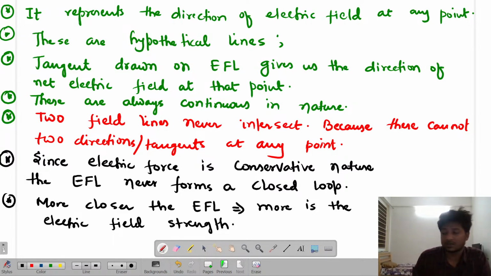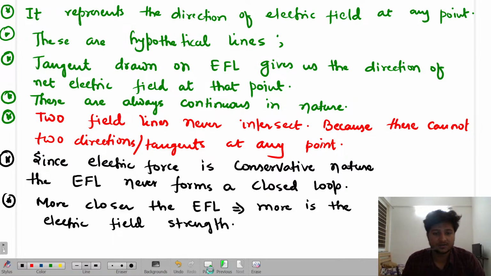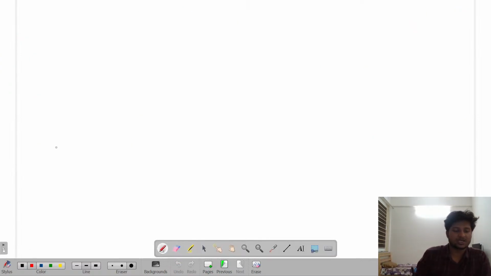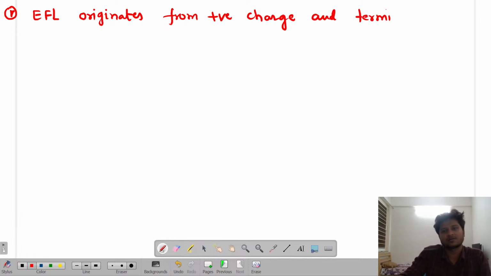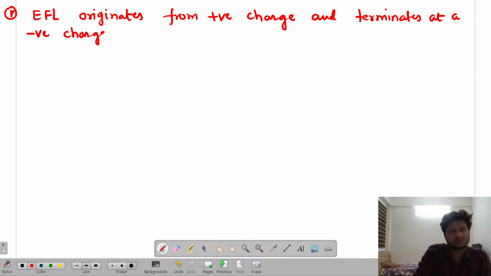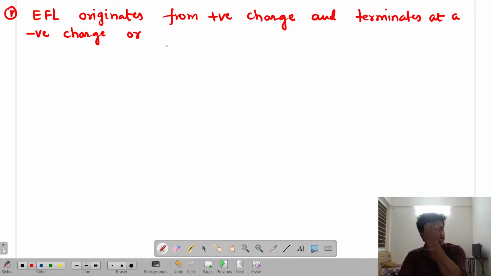Okay. Now, next point, let us understand that. And this is the last important point, that electric field lines originate from a positive charge and terminate at a negative charge, or at infinity.